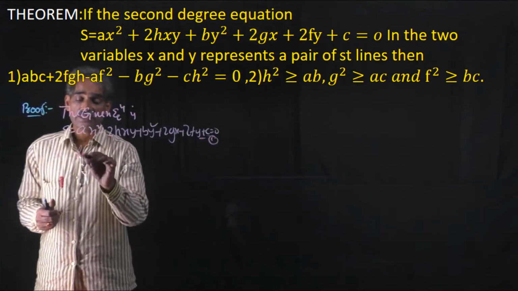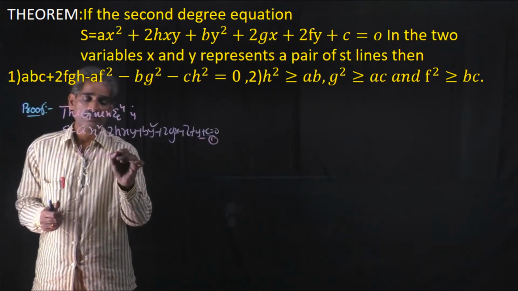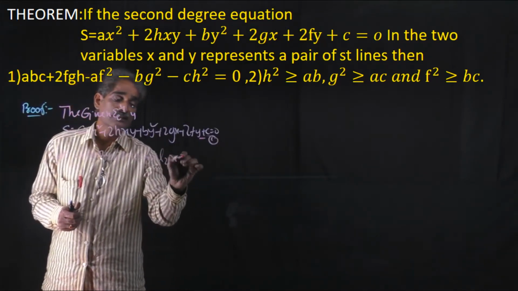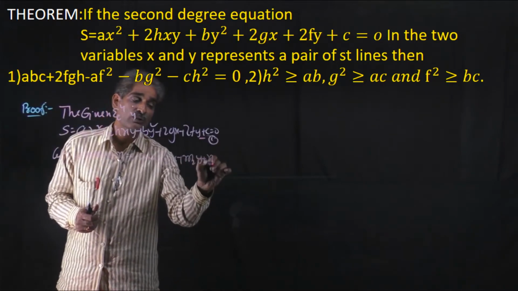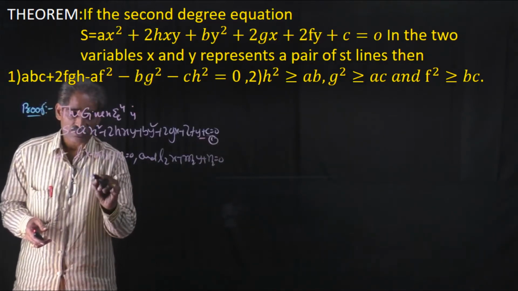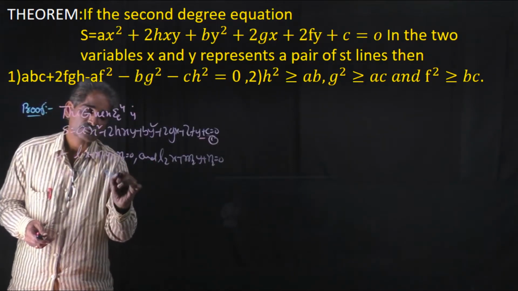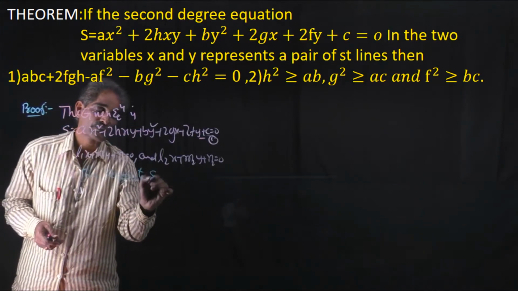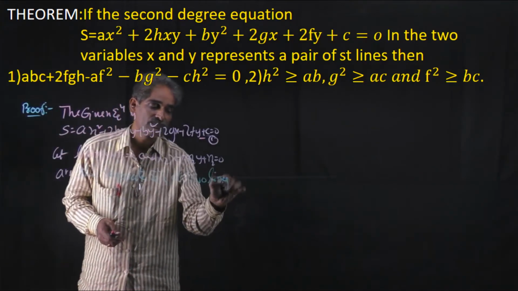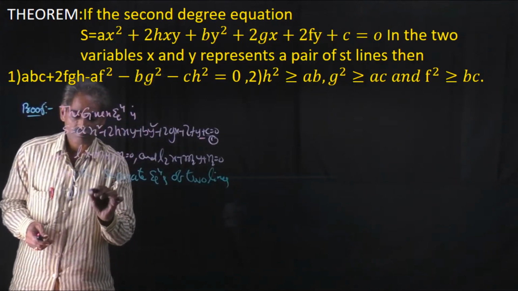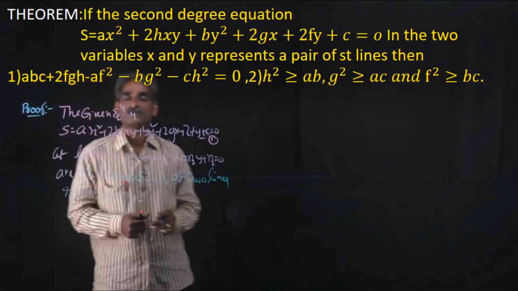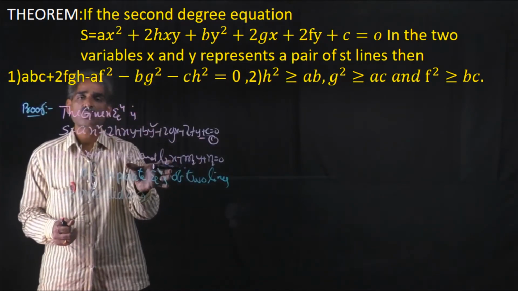Let L1x plus M1y plus N1 equal 0 and L2x plus M2y plus N2 equal 0 are the separate equations of two lines represented by 1. So these are the equations of two lines represented by 1.